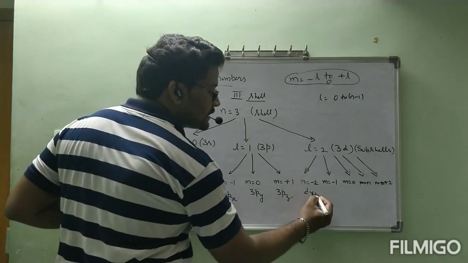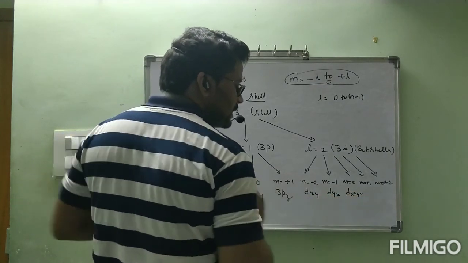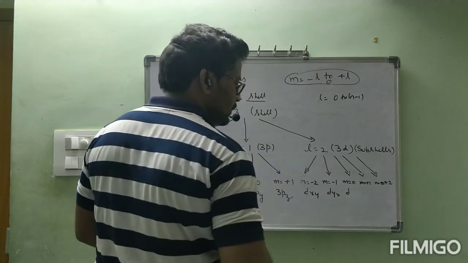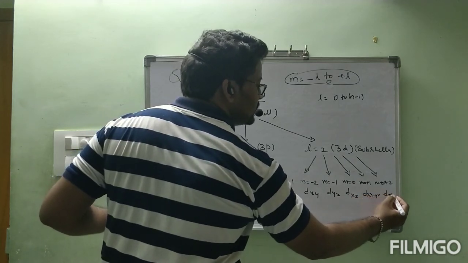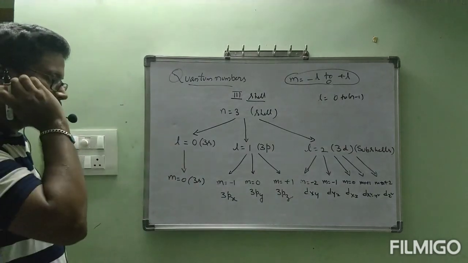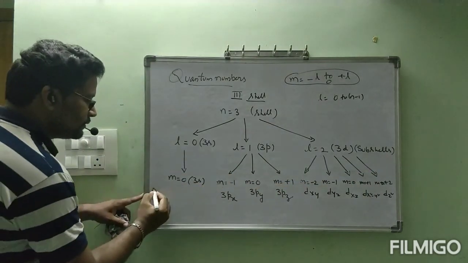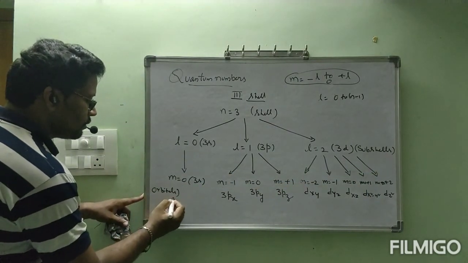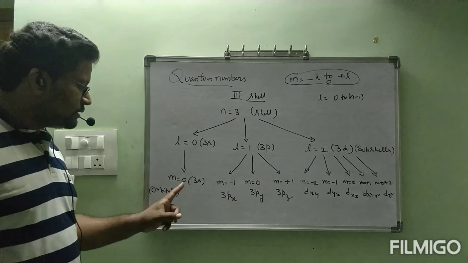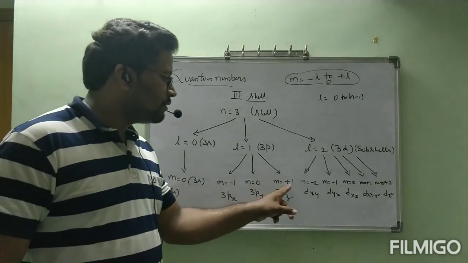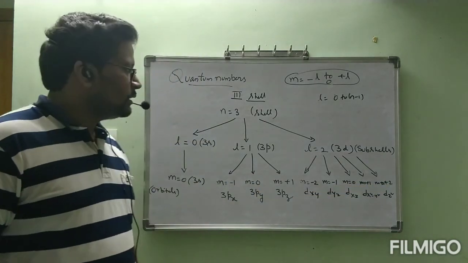Those are dxy, dyz, dxz, dx square minus y square, dz square. These many orbitals are present in the third shell. How many orbitals? 1, 2, 3, 4, 5, 6, 7, 8, 9. Totally 9 orbitals are present in the third shell.